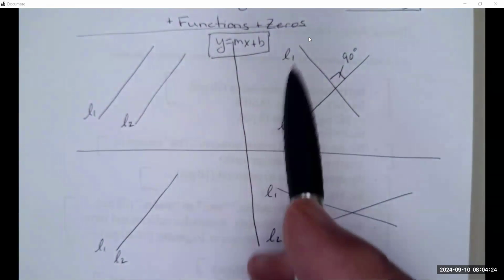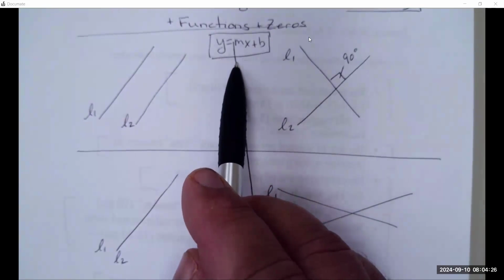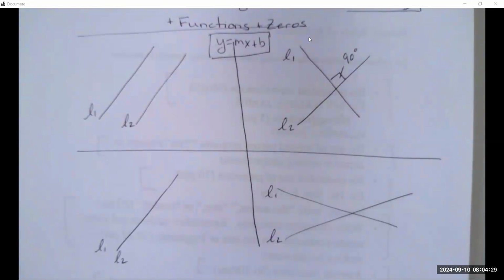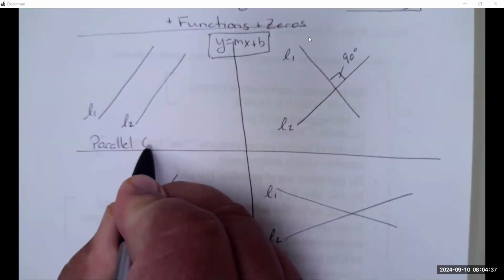So to compare 2 lines, they both have to be in this form. So what are these called? And we abbreviate.